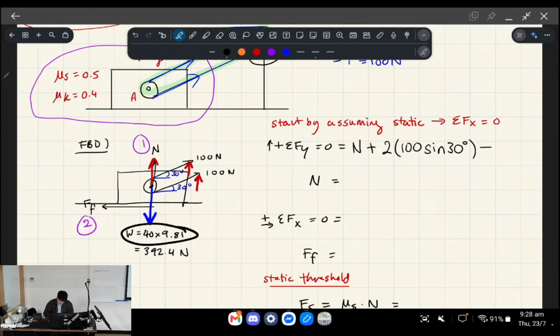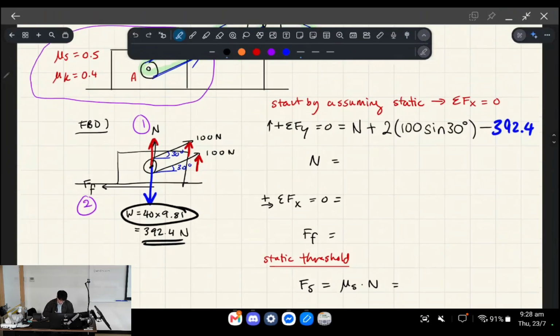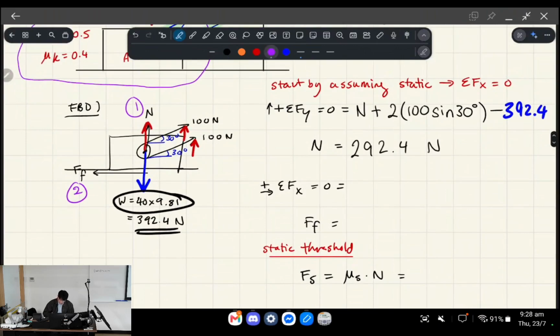It's this, which I've already pre-calculated as 392.4. So you can rearrange this expression now for N, which is the normal force, and you get 292.4 newtons. So that was step one, finding the normal force.